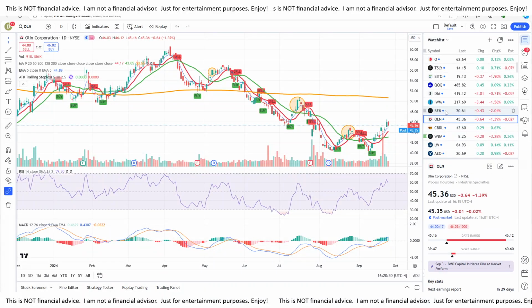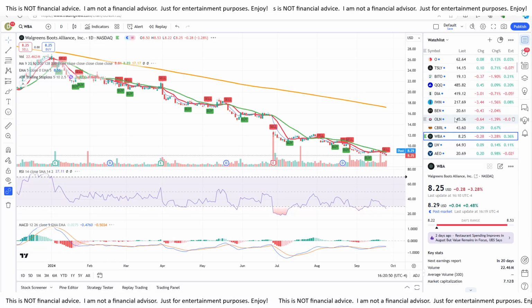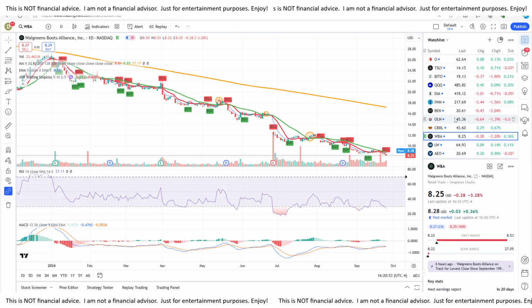OLN on the 59. Problem is we have this purchase here. So even when it hits the 70, we're going to be underwater. So we'll just hang on to that thing, maybe look for another setup, or it starts to go on a run. 63. I don't know if you see me cut this thing tomorrow or another day when there is some strength in the markets.